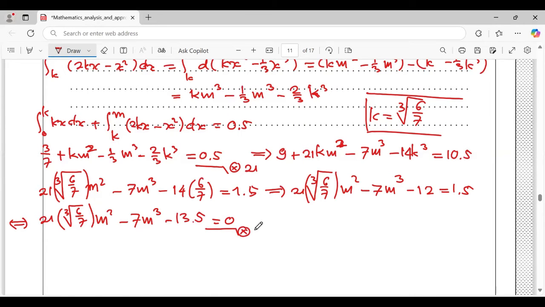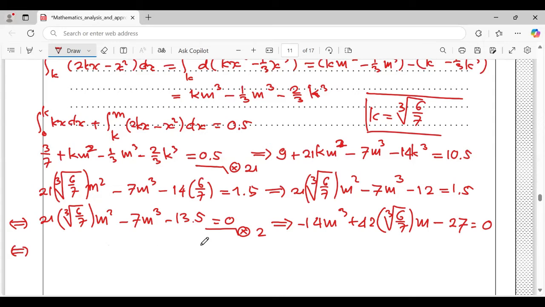After that, multiply by 2, it becomes minus 14m cube, and plus 42 cube root 6 over 7 m squared minus 27 equals 0.